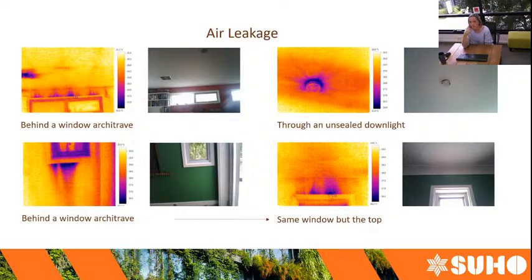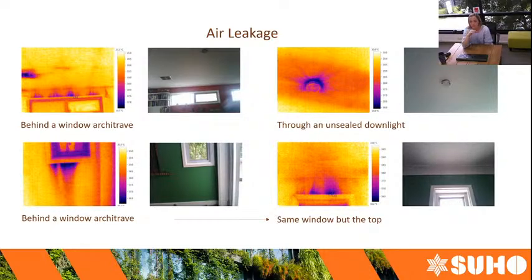So you can see that there's quite a bit of air movement coming through that downlight. And when you've got 16 or 20 of them just in one room, one downlight might not seem like a lot, but when you add them all together, that adds up to a very large hole in one room, leading directly into the roof space.